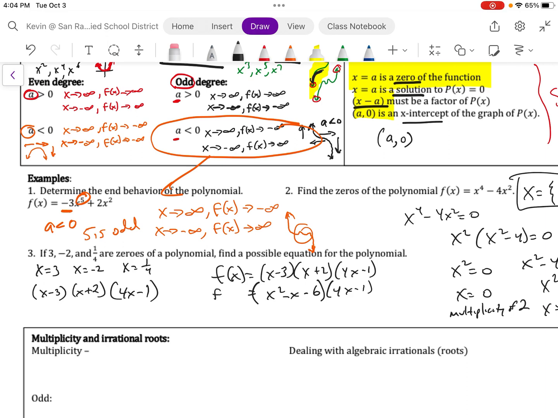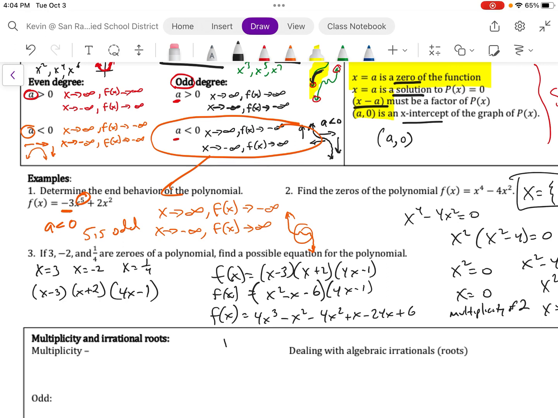So f of x equals 4x cubed minus x squared, minus 4x squared, plus x, minus 24x, plus 6.